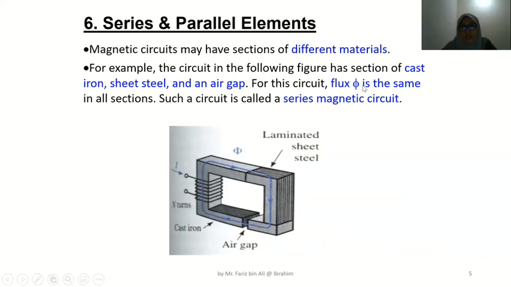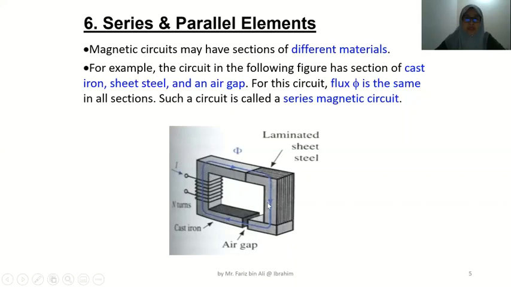For these circuits, the flux is the same in all sections. We can assume, using the right-hand rule, that this is the direction of current going in, so the flux is from north to south, going up, and then the flux goes up around this series magnetic circuit.